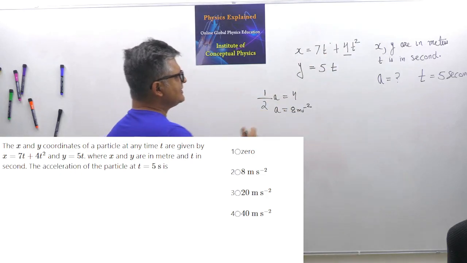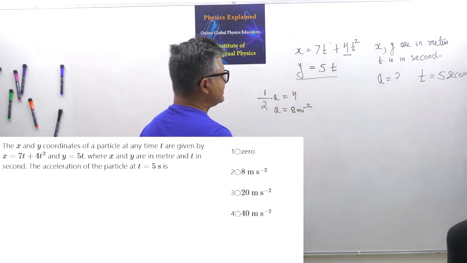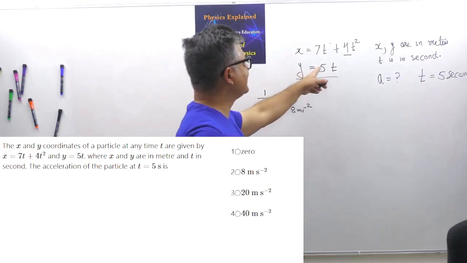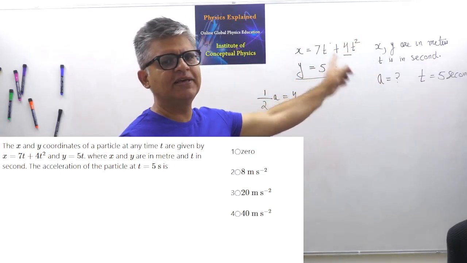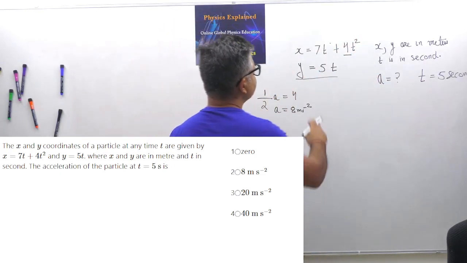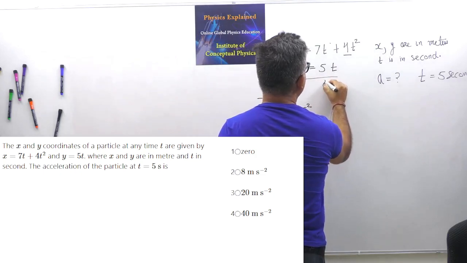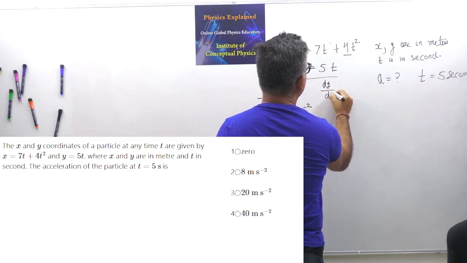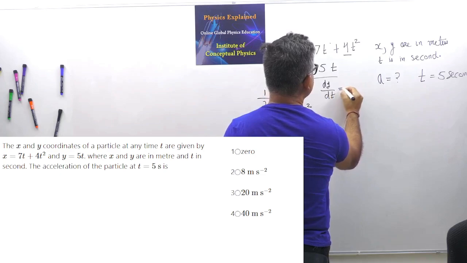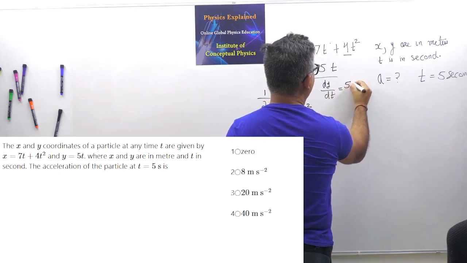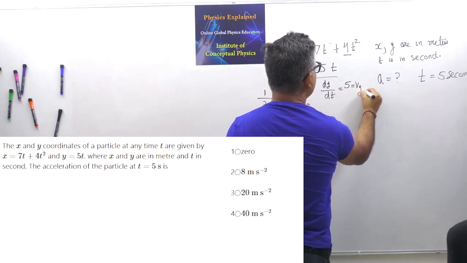Now let's take the derivative of y. You can see this is actually a situation of uniform motion because the derivative gives me a constant velocity in y-axis, which is 5, right? So this is equal to vy.